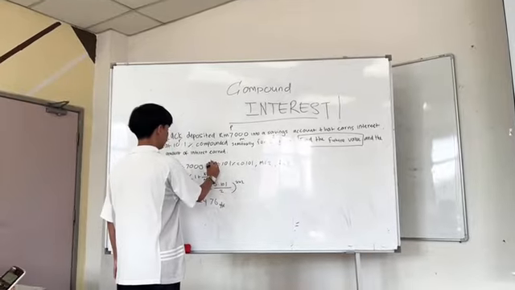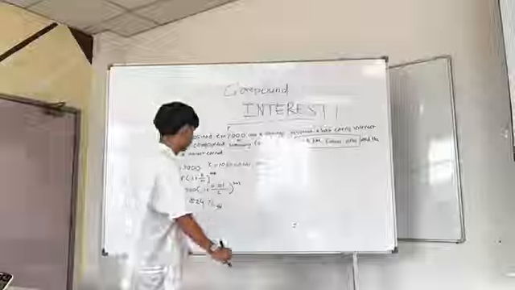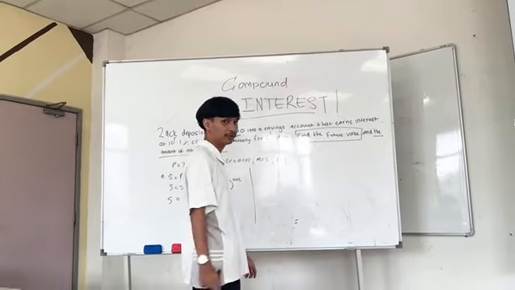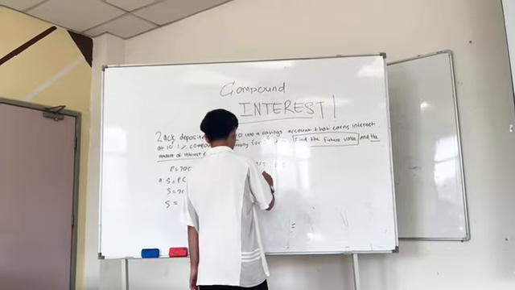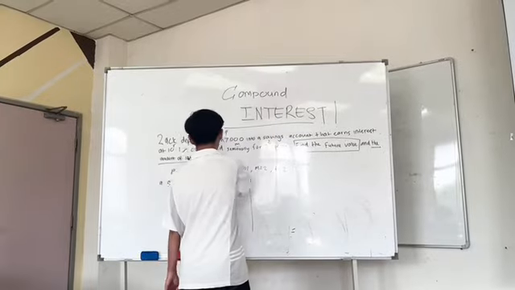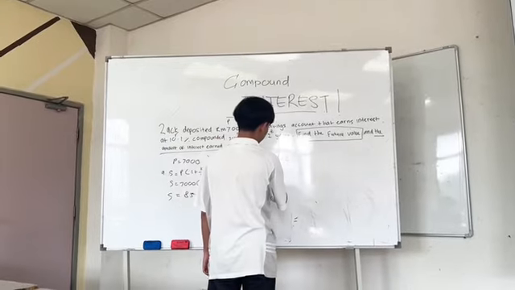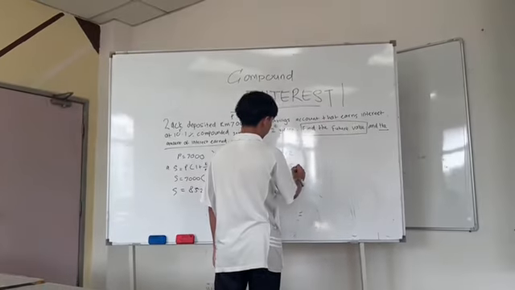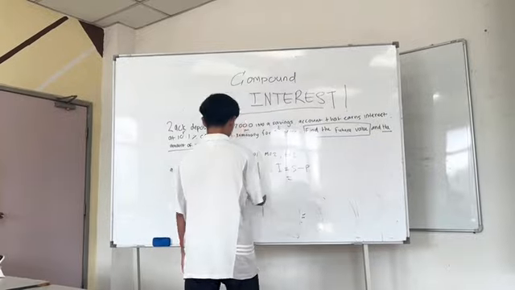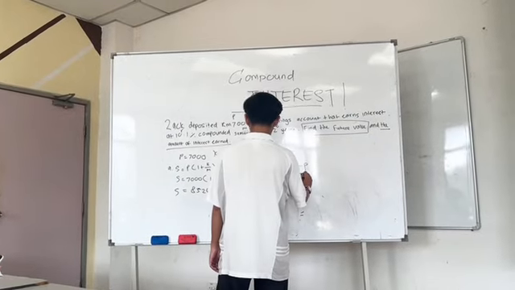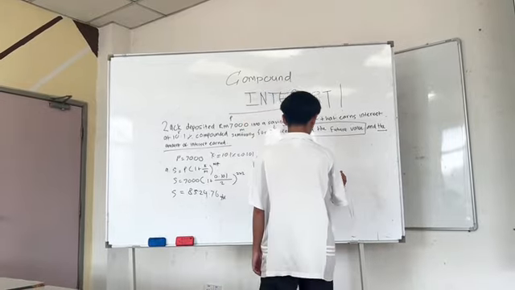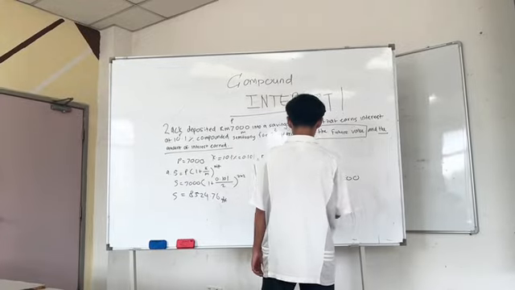Okay, let's move on to the second question. The second question is very easy. The second question is the amount of total interest, which is I equals S minus P, which is 5,476 minus 4,200.